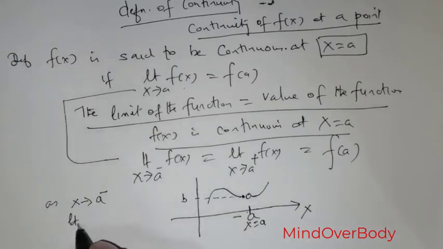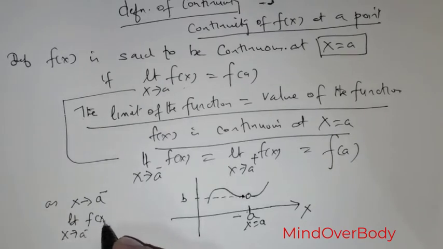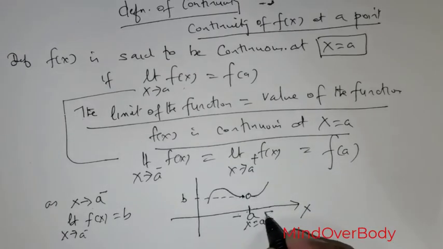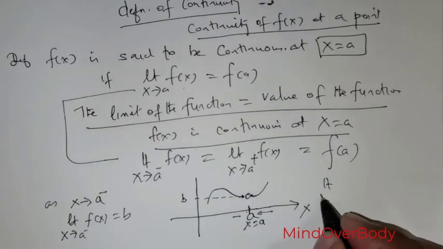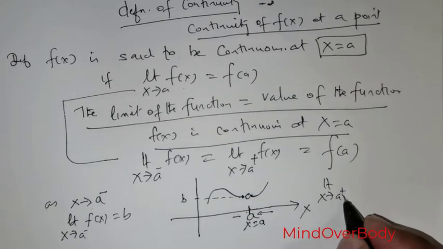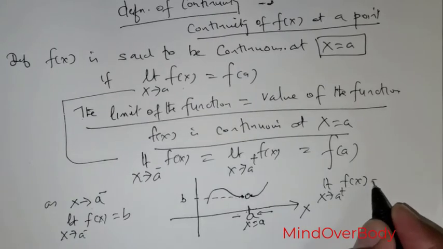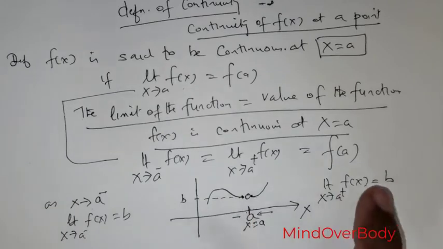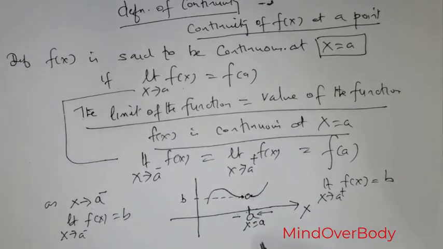So limit x tending to a minus of this function leads me to b. Now let me take a value closer to a from the right hand side, and that would also correspond to the value b.